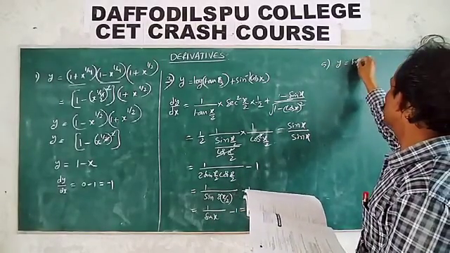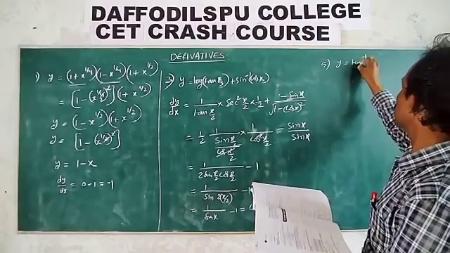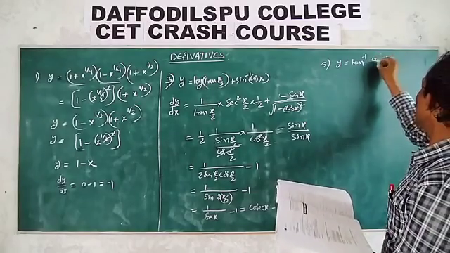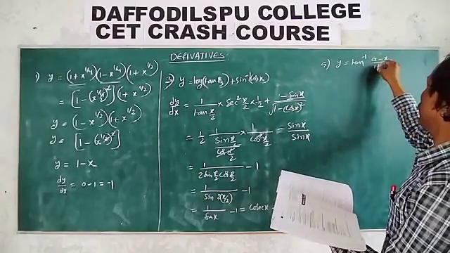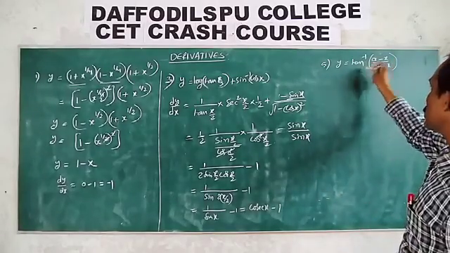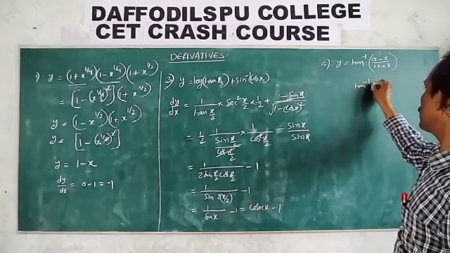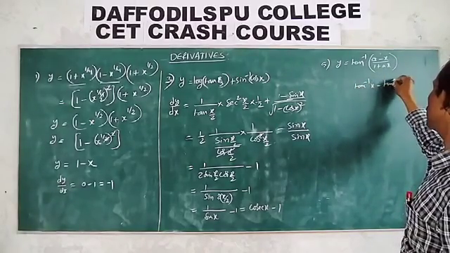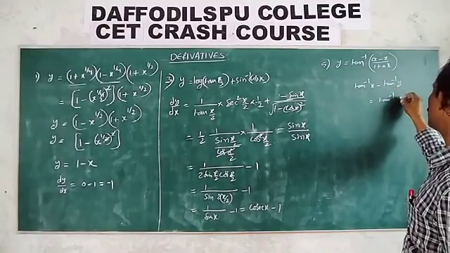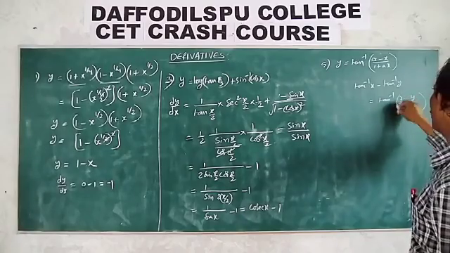Next, fifth one. y is equal to tan inverse of a minus x by 1 plus ax. This is the formula of tan inverse x minus tan inverse y. What is the tan inverse x minus tan inverse y formula? It is equal to tan inverse of x minus y by 1 plus x into y.